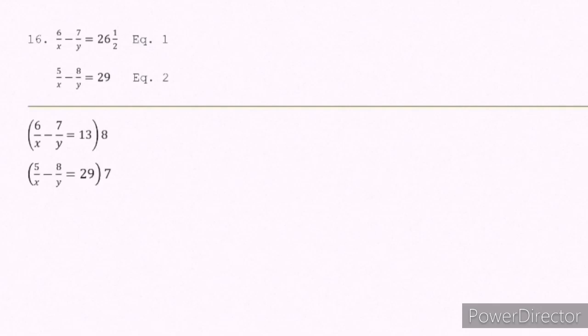So negative 5 times 6 is equal to negative 30 over x. Negative 5 times negative 7 is positive 35 over y. Then negative 5 times 53 over 2 will give you negative 265 over 2.